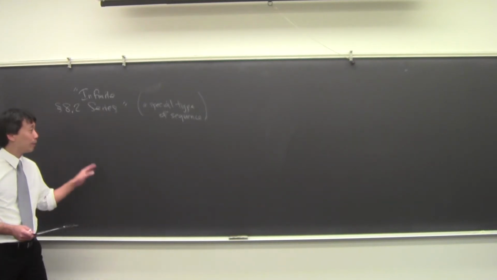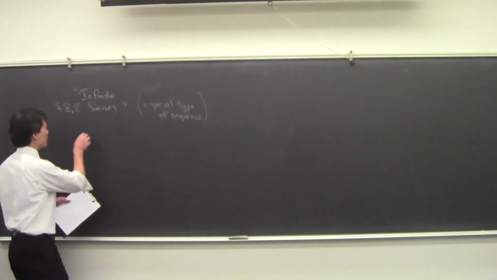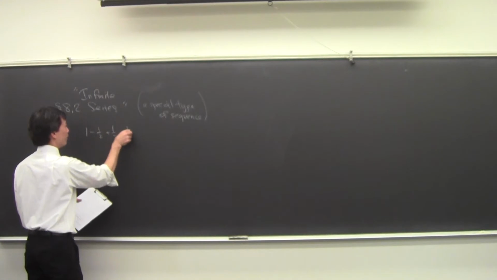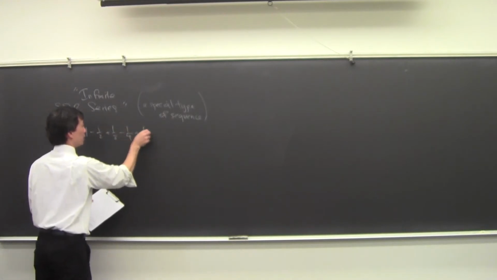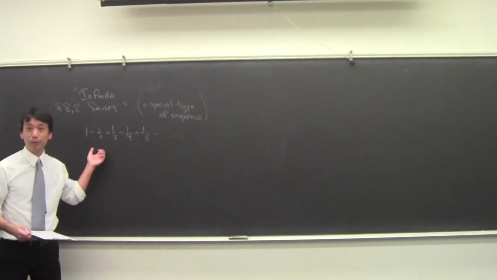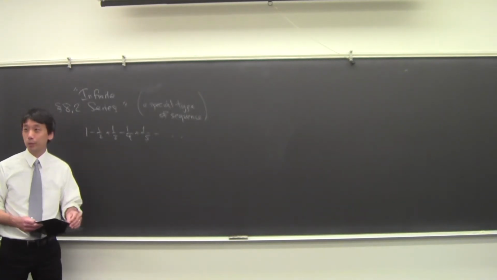Okay, so remember I showed you something bizarre, that if you looked at 1 minus a half plus a third minus a fourth plus a fifth, etc., and you weren't careful about what that meant, then you could end up in some real trouble.